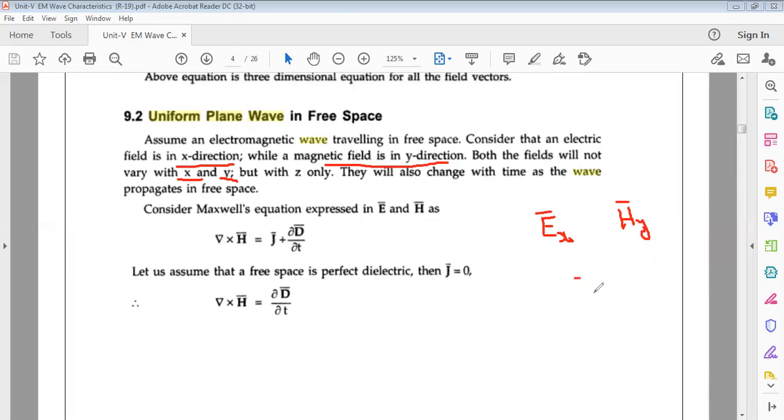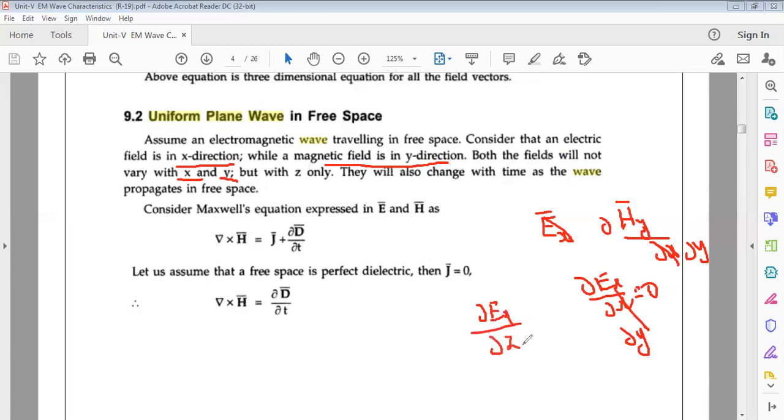Remember this, my dear students. So Ex bar is the electric field in the x direction, and Hy bar is the magnetic field in the y direction. Both fields do not vary with x and y, which means dou Ex by dou x is equal to 0, and also with respect to y. The terms dou by dou x and dou by dou y all become 0. They vary only with respect to z, that is dou Ex by dou z. The remaining derivatives with respect to x and y are 0. They will also change with time as the wave propagates in free space.